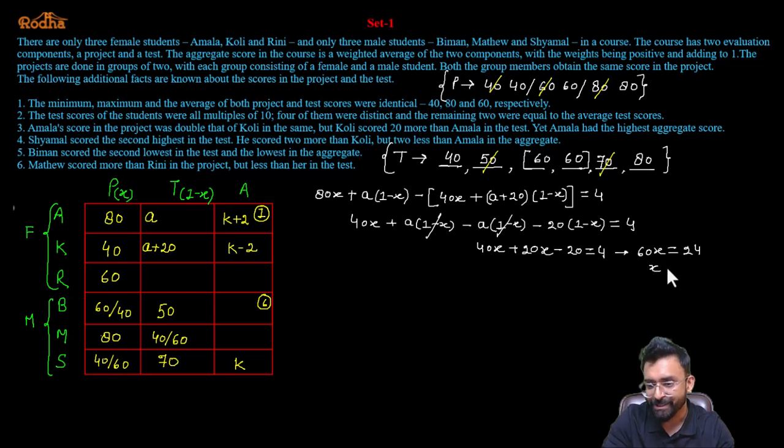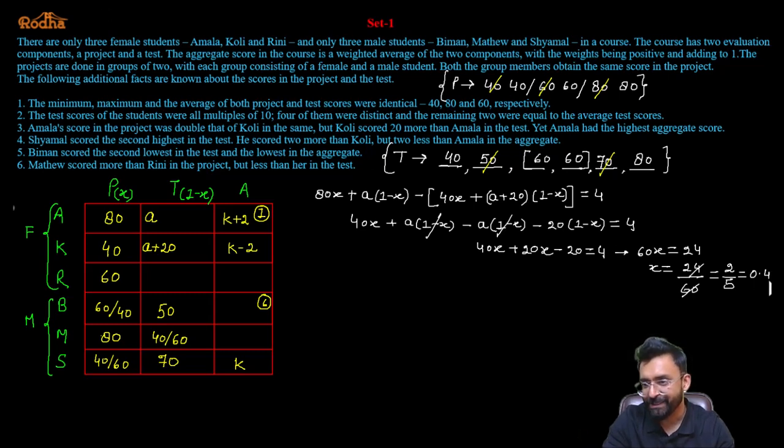So x is equal to 24 by 60. You can cancel these two numbers. This is 2 by 5, which is 0.4.